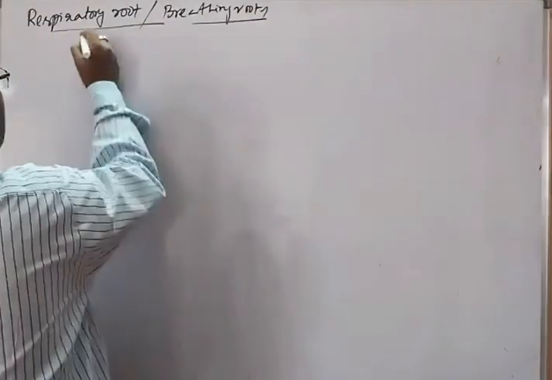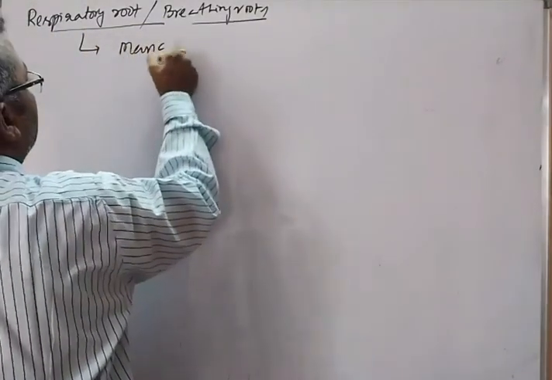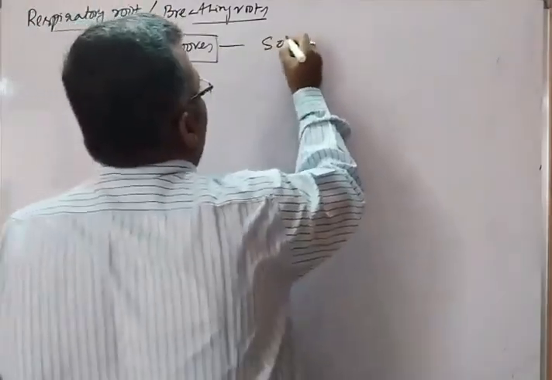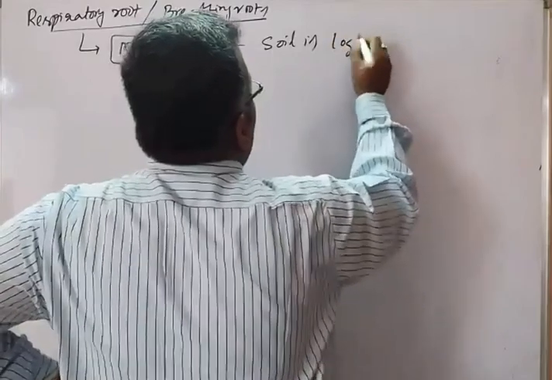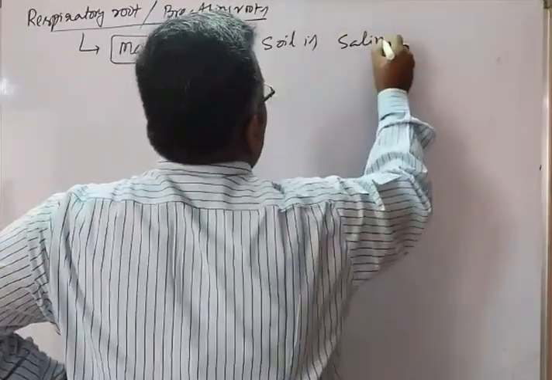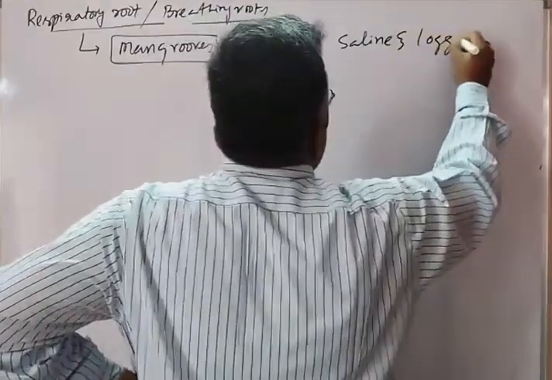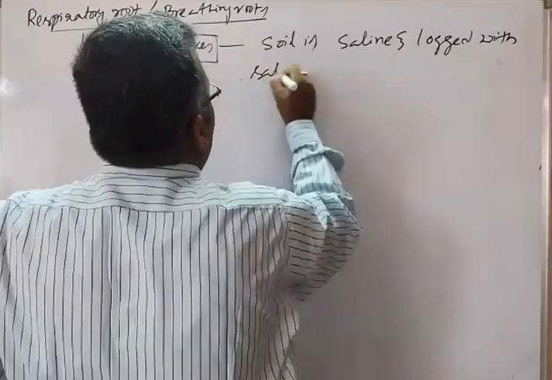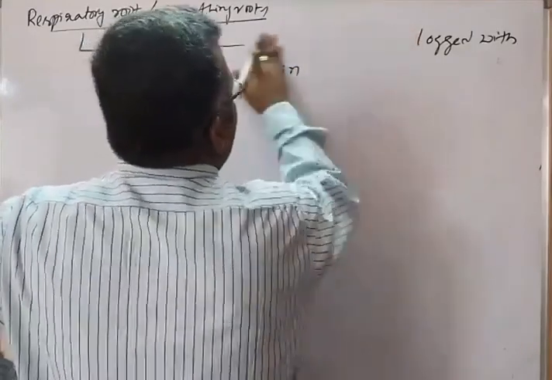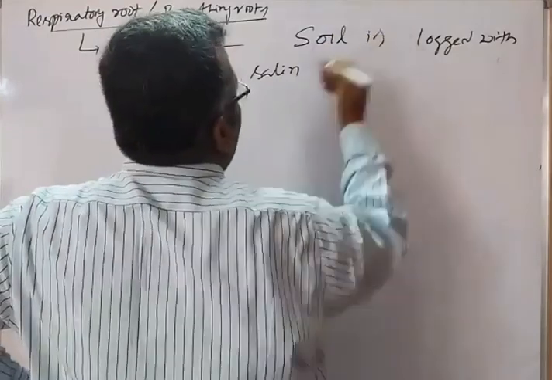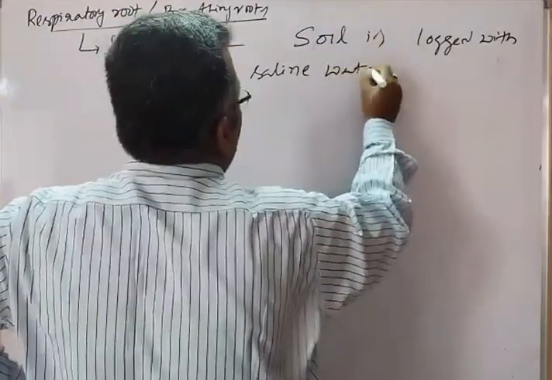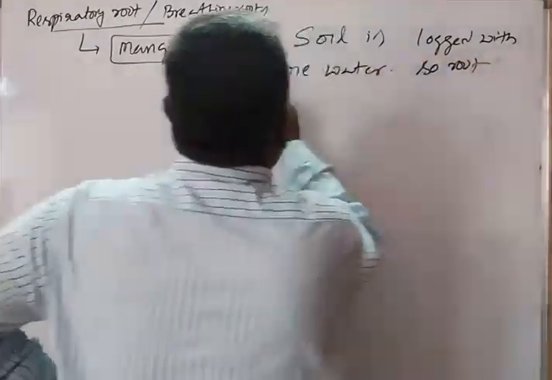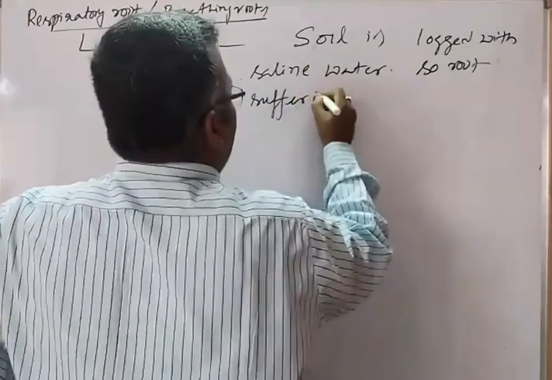These are observed in mangroves, where the soil is waterlogged and saline. You can write like this, saline water. So roots suffer in getting oxygen.